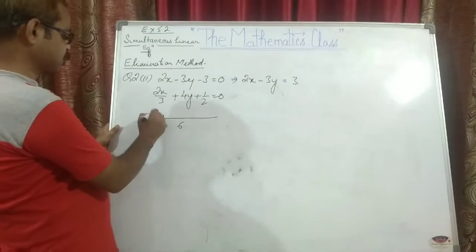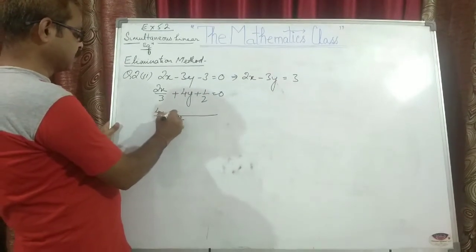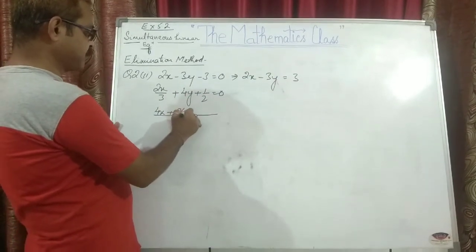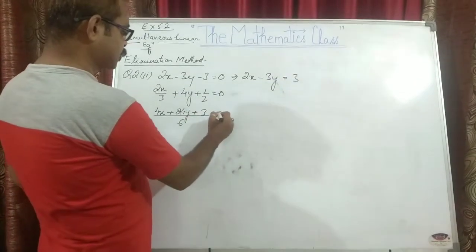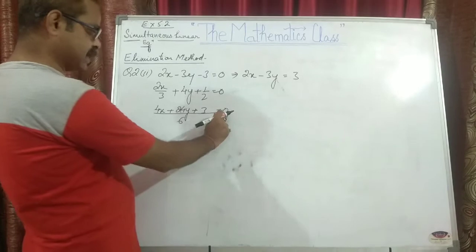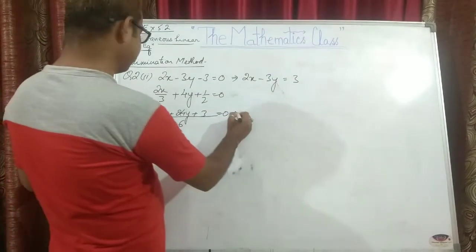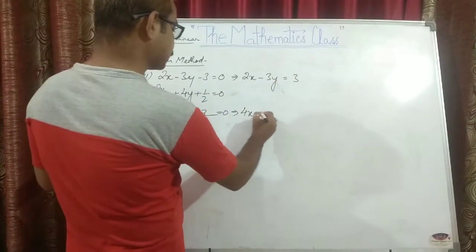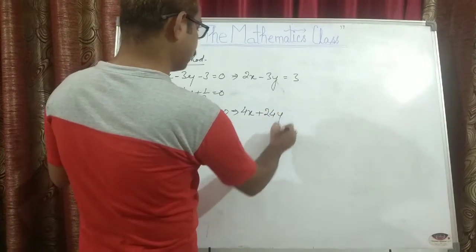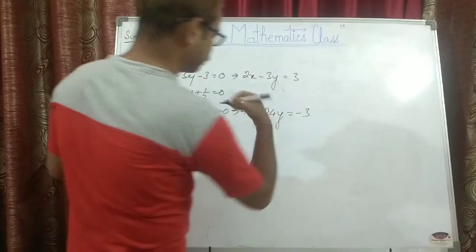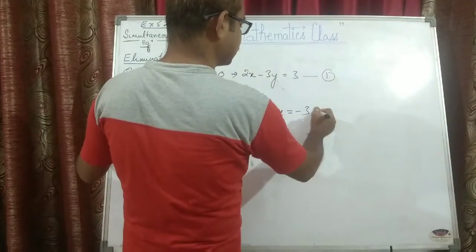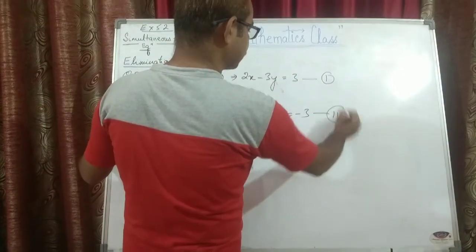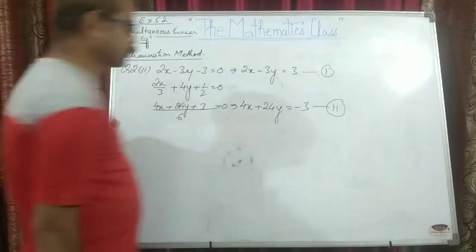So the LCM is 6, so this will become 4x plus 6 fours are 24y plus 3 is equal to 0. The 6 goes to the other side and becomes 0. So the final equation becomes 4x plus 24y is equal to minus 3. Let's say this is equation number 1 and this is equation number 2.